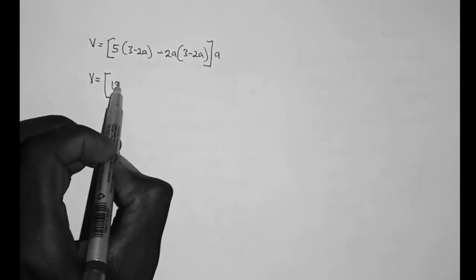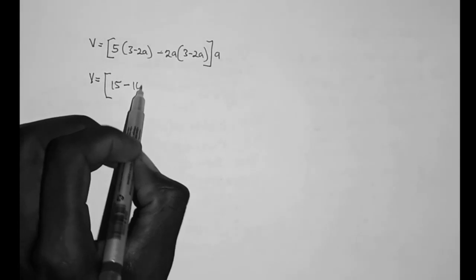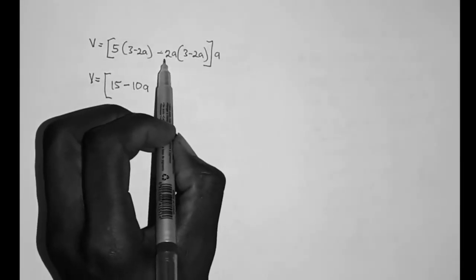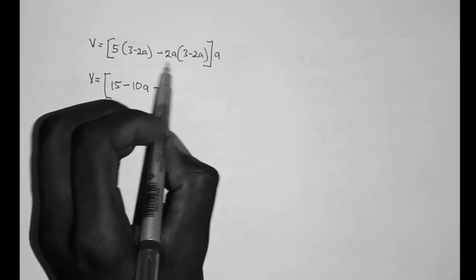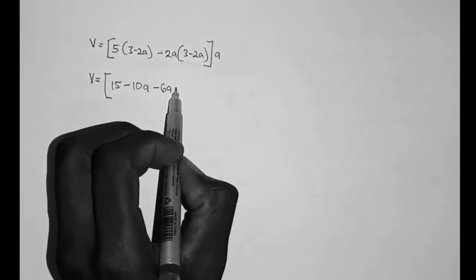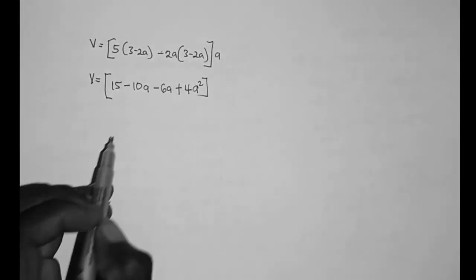It is 15. 5 times minus 2A is minus 10A. Minus 2A times 3 is minus 6A. Then minus 2A times minus 2A equals plus 4A squared. All of that times A.